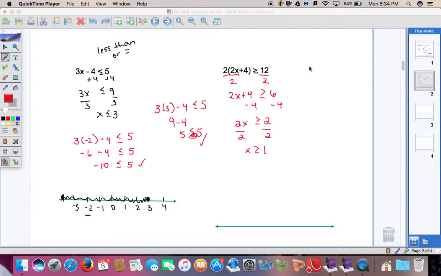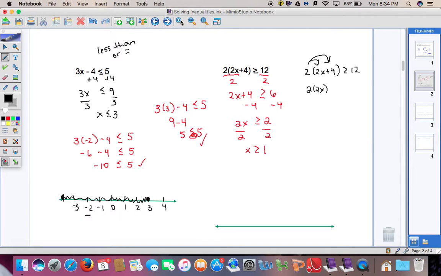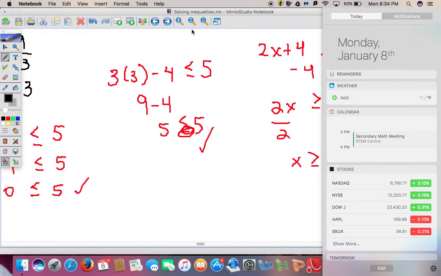Or let me just rewrite this, I could solve this a different way. Okay, I could start by distributing this 2. Let me zoom in so my handwriting gets to be a little better.